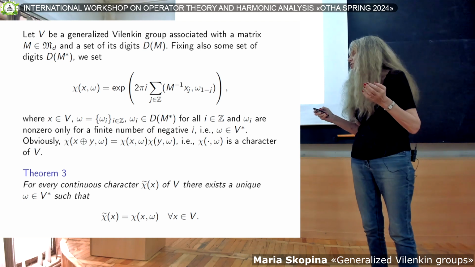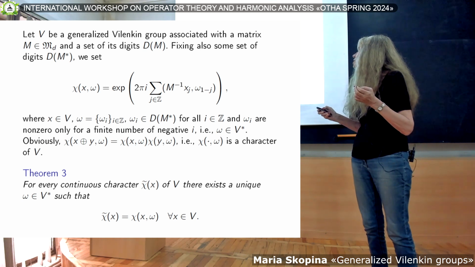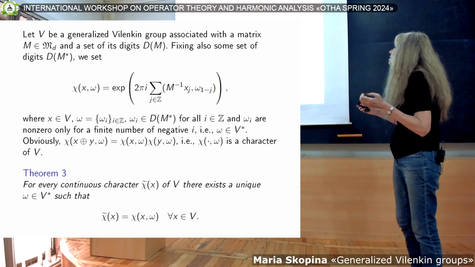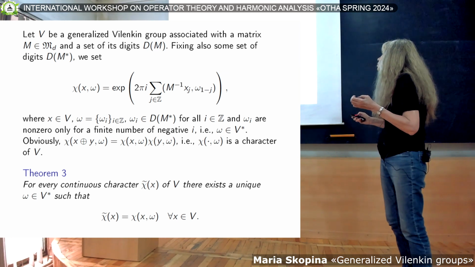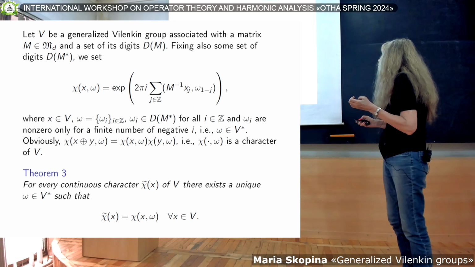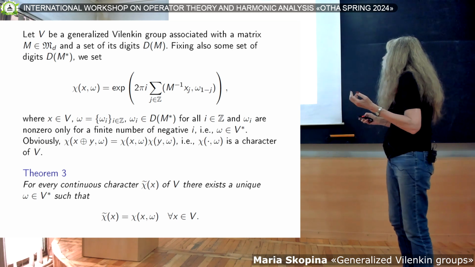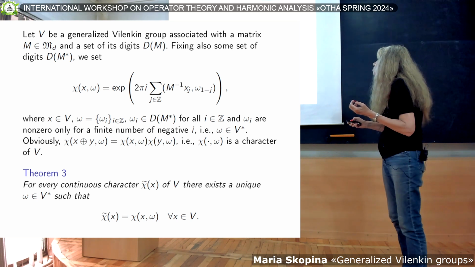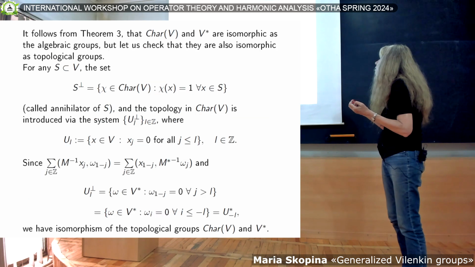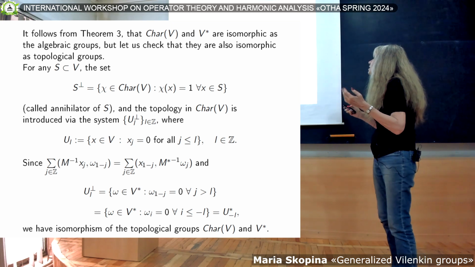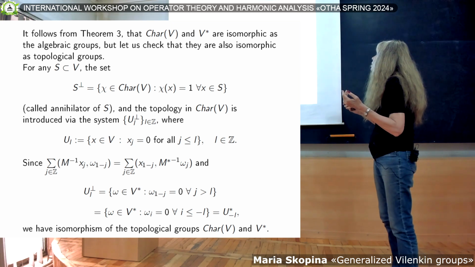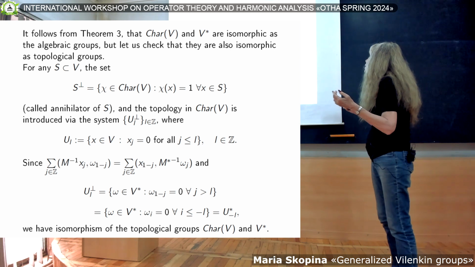For classical Vilenkin groups it is the same, but there is no M star, so the classical Vilenkin group is self-dual. The dual group is V star. They are isomorphic as algebraic structures, but they are topological groups.